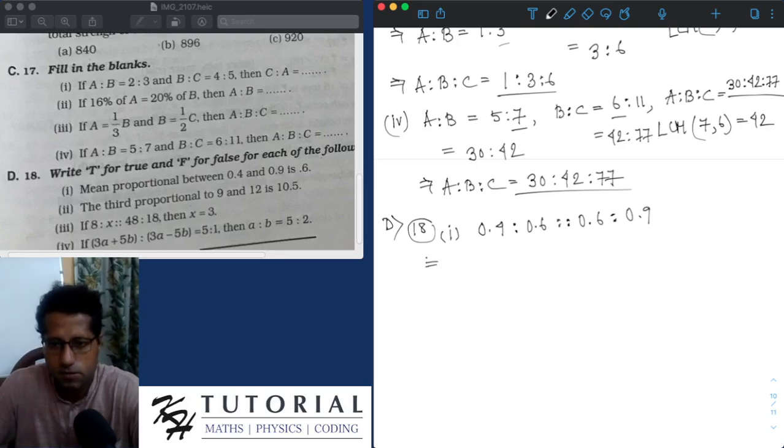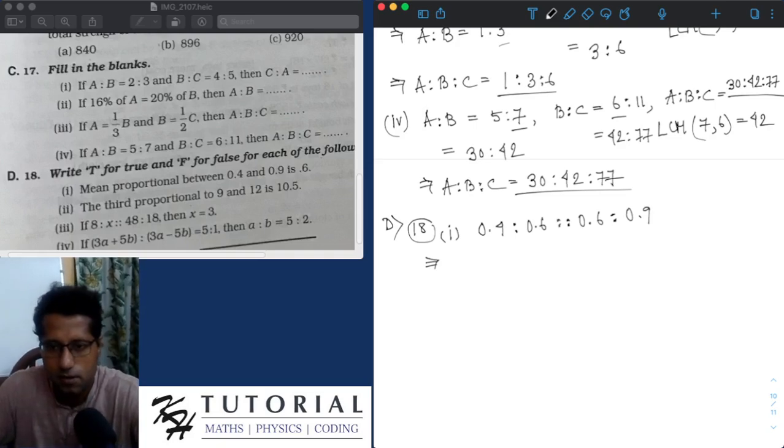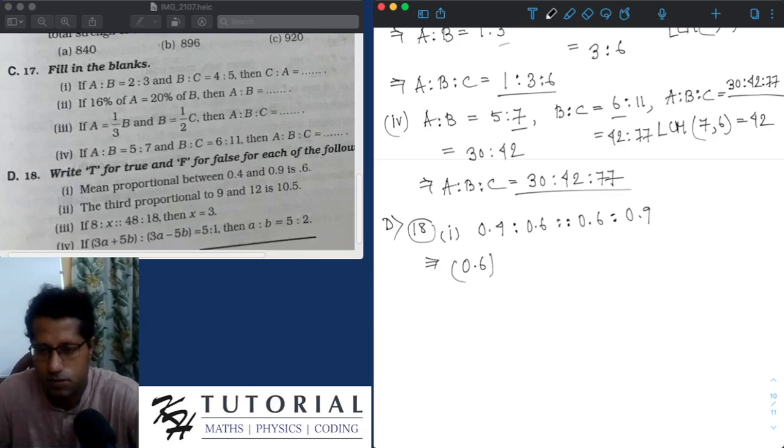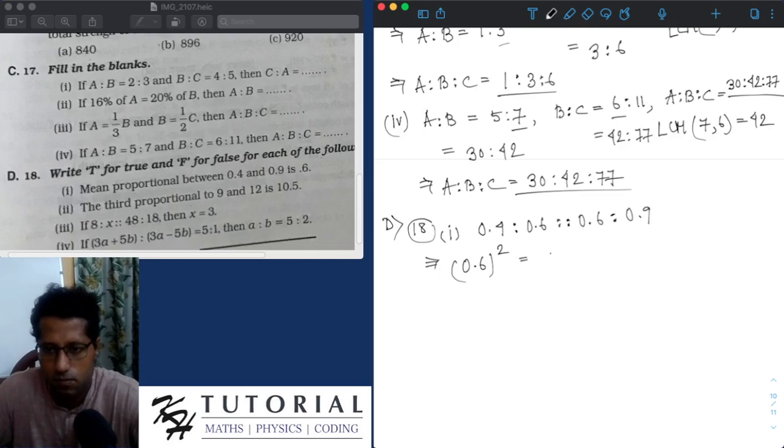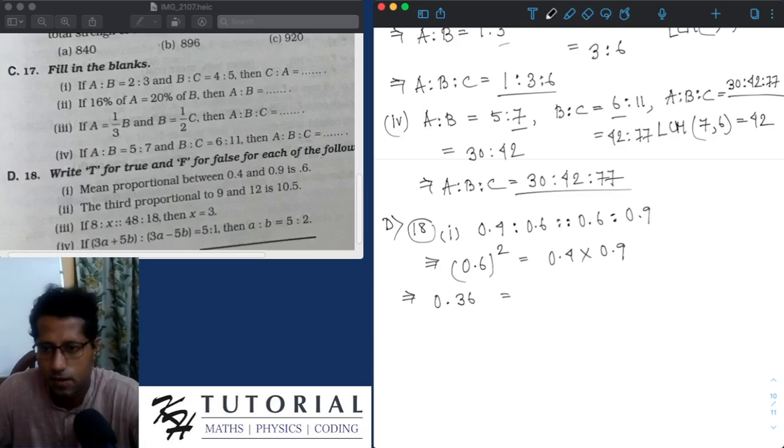Now if we use the formula b square equals ac, it should have b square, that is 0.6 square, equals 0.4 multiplied by 0.9. Now 0.6 into 0.6 is 0.36 and the right hand side is also 0.36.